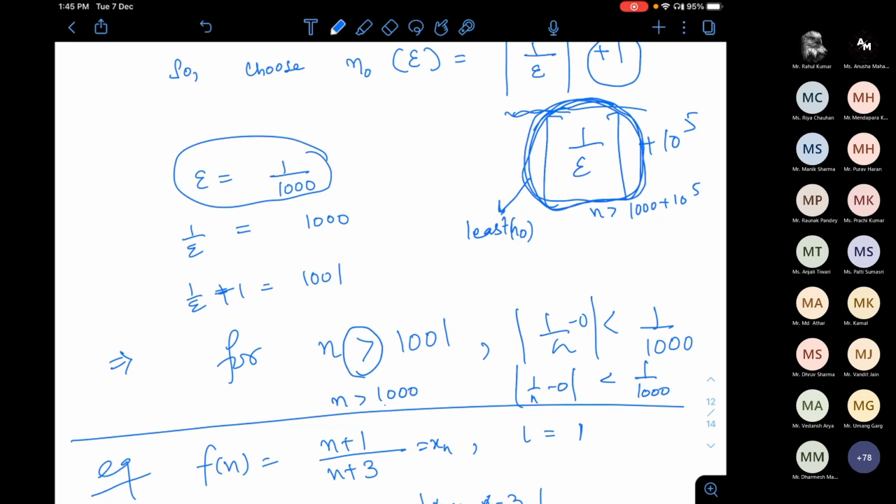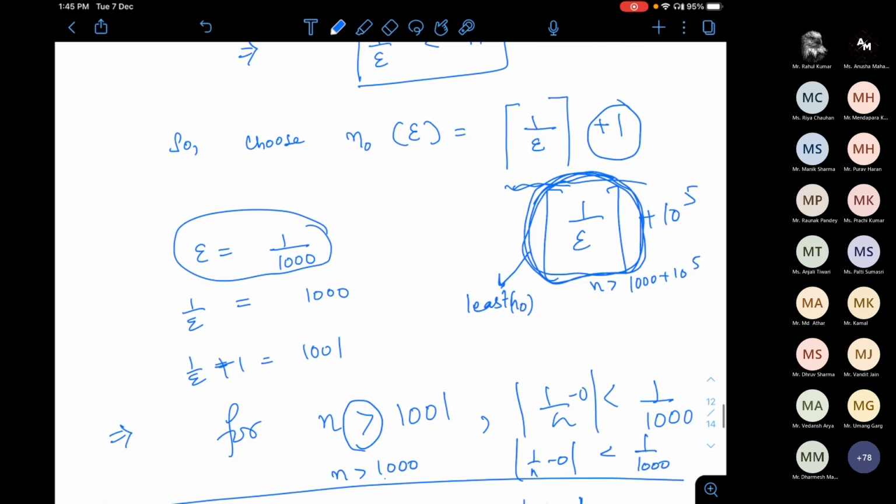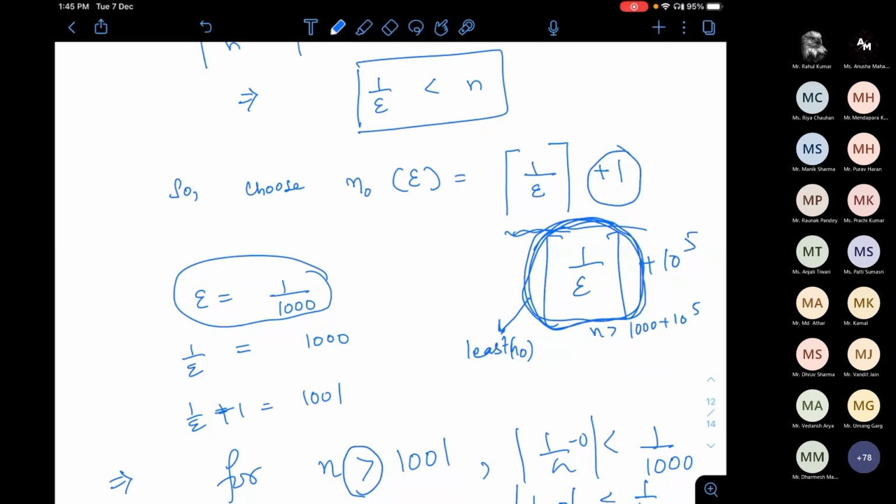Yes, ma'am. Ma'am, what about the symbol which we have used in the condition? Which symbol? N naught of epsilon equals 1 by epsilon. I am choosing n naught of epsilon. This is a function n naught which depends on epsilon.